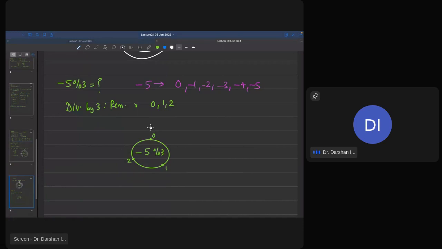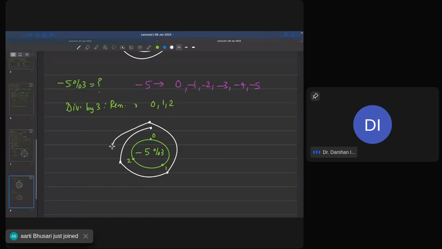0 to minus 1, minus 1 to minus 2, minus 2 to minus 3, minus 3 to minus 4, minus 4 to minus 5.